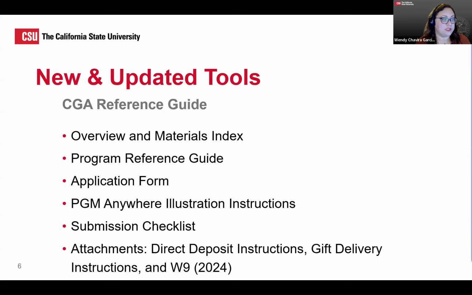It also has the attachments that you would provide the donor, the direct deposit instructions, the gift delivery instructions, and the W-9 form. These tools are designed to make your work easier and to ensure accuracy across all submissions. You'll also find a couple of other folders in there, such as the sample MOU, a FASB memo and report, an example of an annuity assignment letter if the annuitant wants to close the annuity earlier, and some past conference notes.